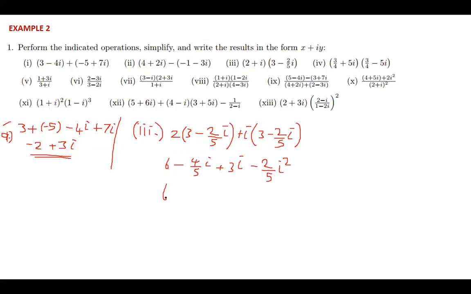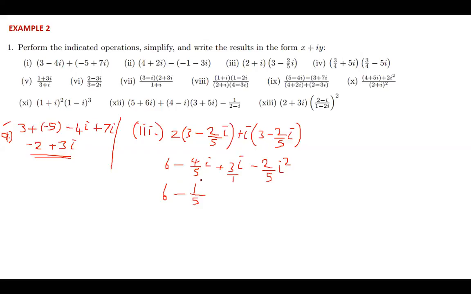So here what you do, you simplify, this is 6, and then when you add this, it can also be written as 1 over 1. So when you add this to be negative 4 plus 3, you get negative 1. And then everything over the common denominator, which is 5.